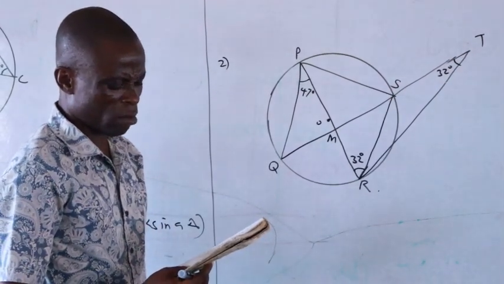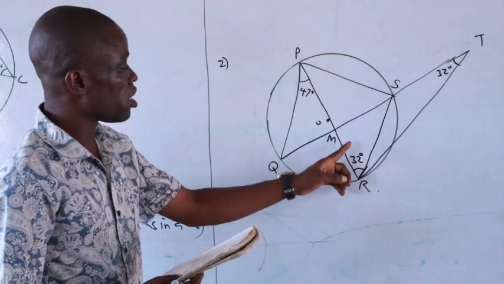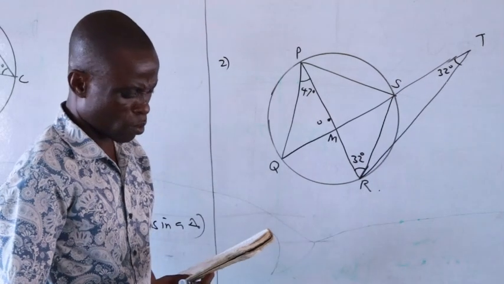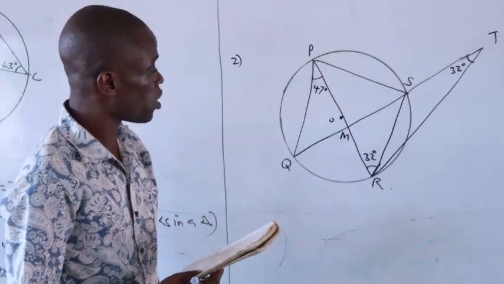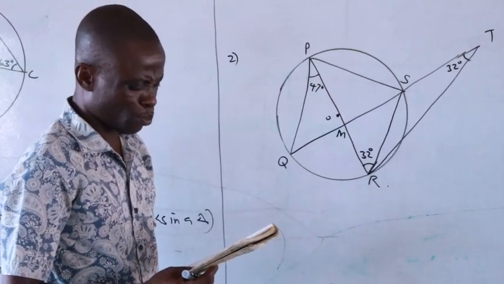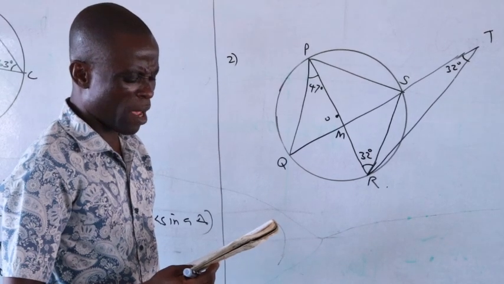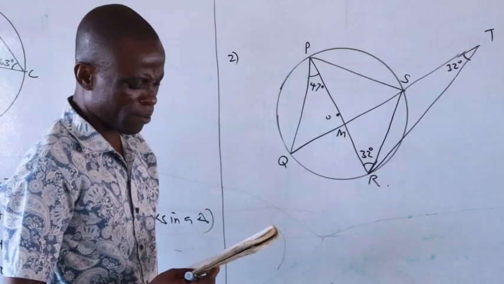Angle STR equals angle MRS, which is 32. This is 32. Then QPR equals 47. And QMST is a straight line.